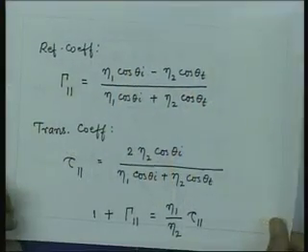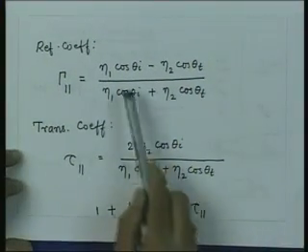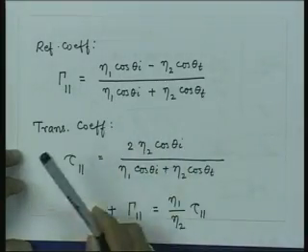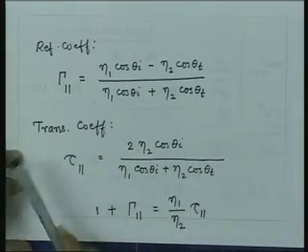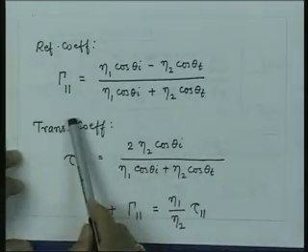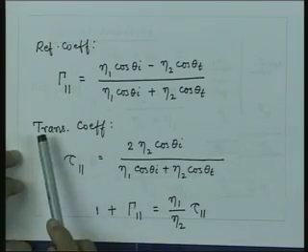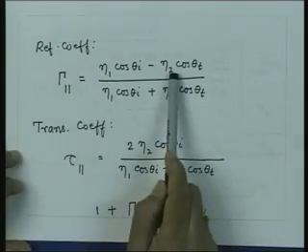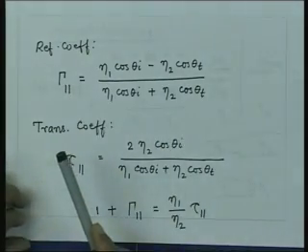A quick look: as I mentioned, if I take two polarizations, either parallel or perpendicular, I must get the same reflection coefficient. But if I go here, which is for the parallel polarization, and if I substitute theta I equal to 0 and theta t equal to 0, I will get a reflection coefficient gamma parallel which is eta 1 minus eta 2 upon eta 1 plus eta 2.